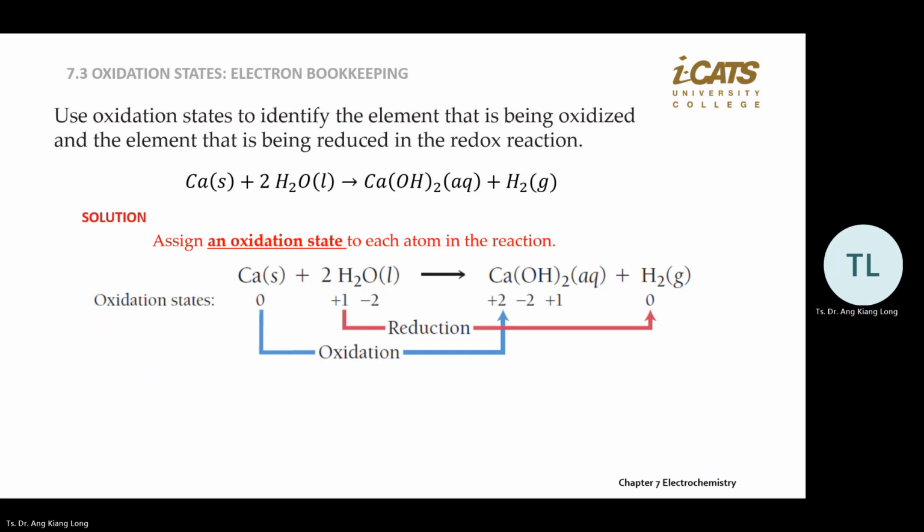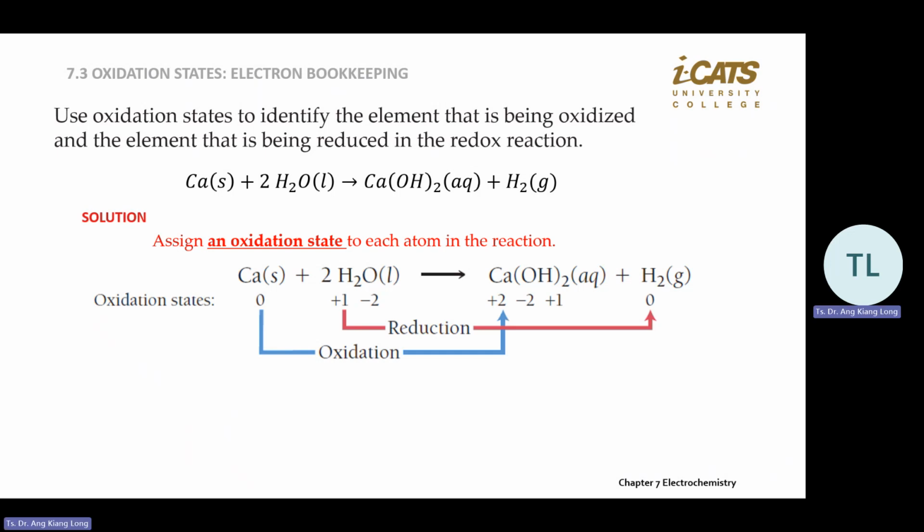Then you go through slowly. You look at Ca: 0 to +2. That is a positive change, so it is oxidation. You draw a blue arrow, and under the blue arrow you write oxidation.